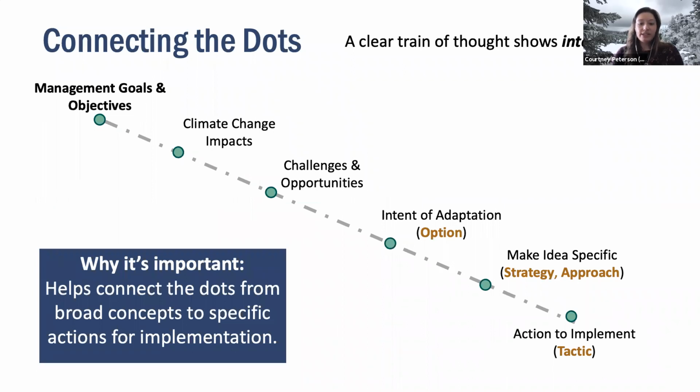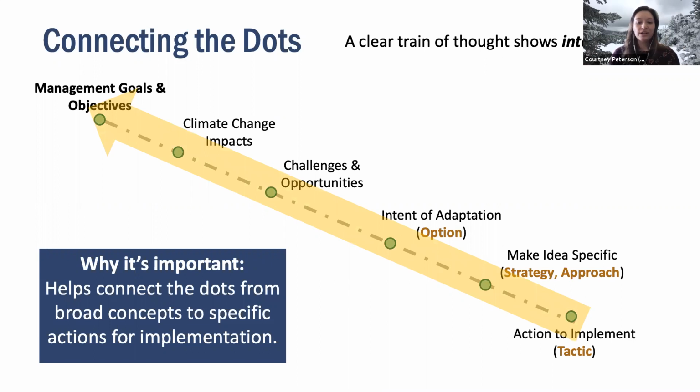And so again, you've seen this graphic before, but the point of this is to really connect the dots and show your intentionality of each step to really compile your climate-informed management plan. And so when we're thinking about monitoring, we can also work backwards for this process.